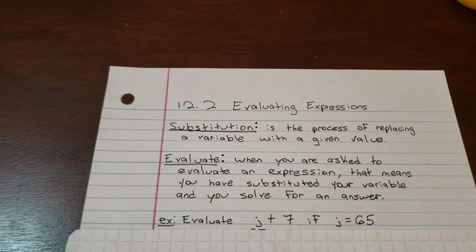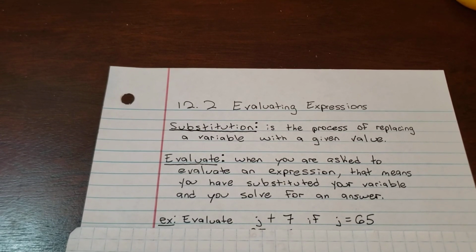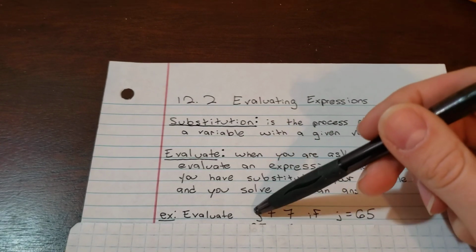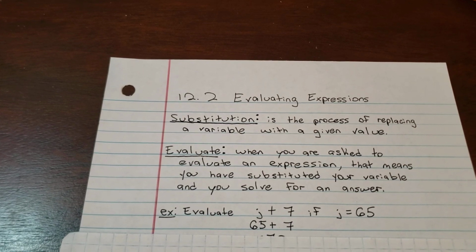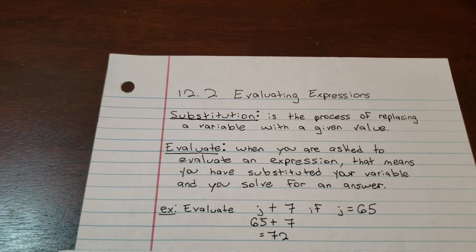So for example, evaluate j plus 7, so that's our expression, if j equals 65. So we're going to substitute 65 in for j, rewrite it, 65 plus 7, and that, of course, equals 72.